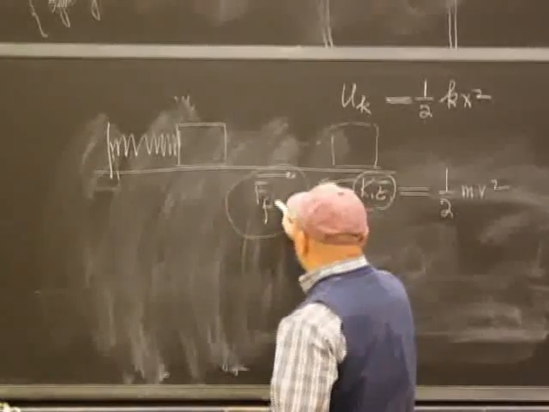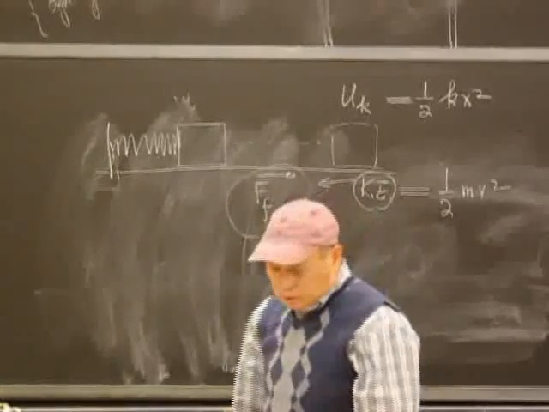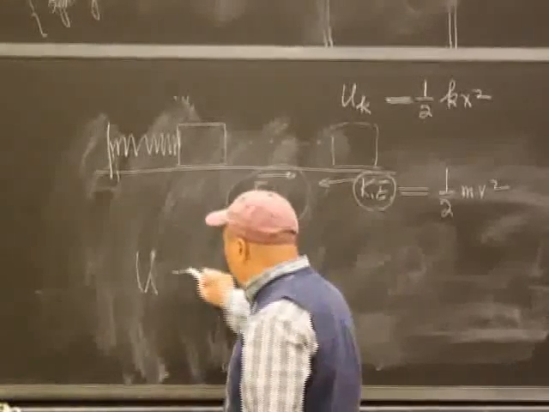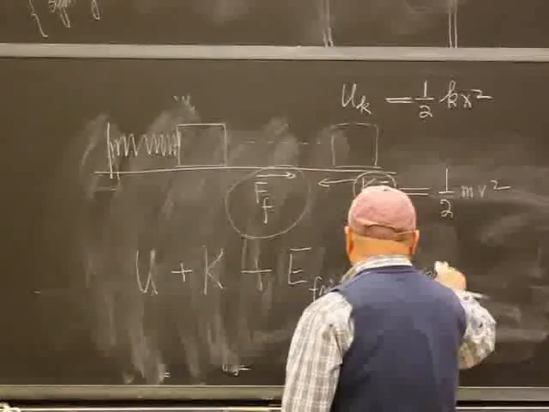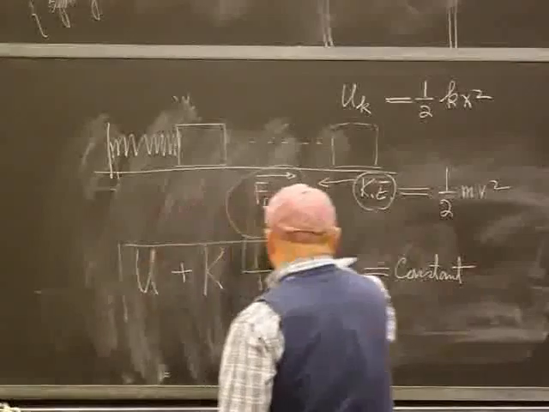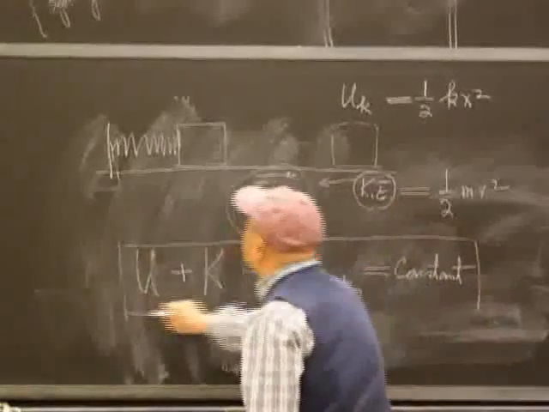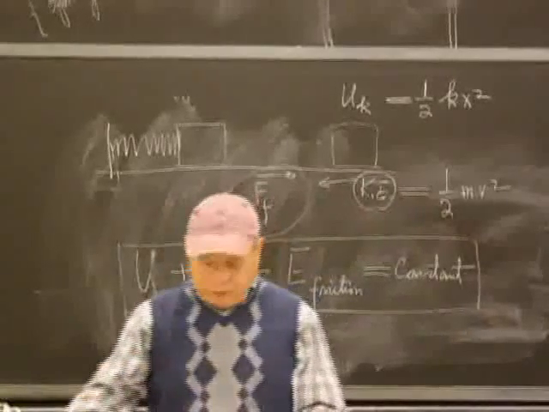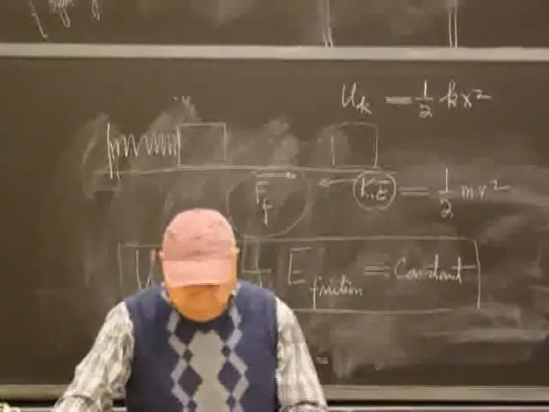So this force is doing the work. In this case, we like to say plus kinetic energy. So this is related to the conservative force and non-conservative force working together.